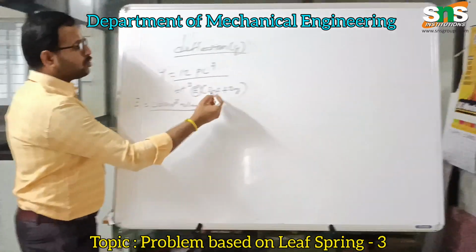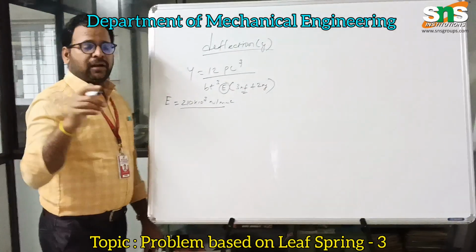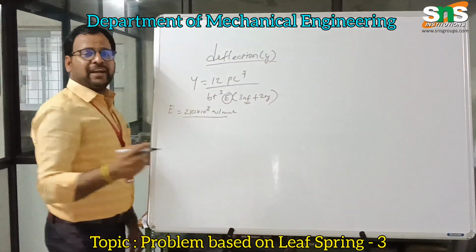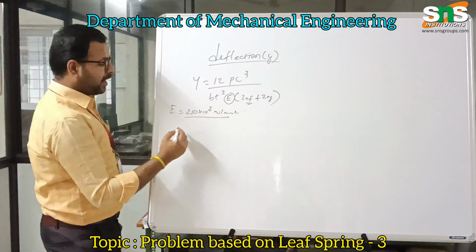So we can substitute. NF is the number of full length leaves, NG is the number of graduated leaves, so we add the total leaves.